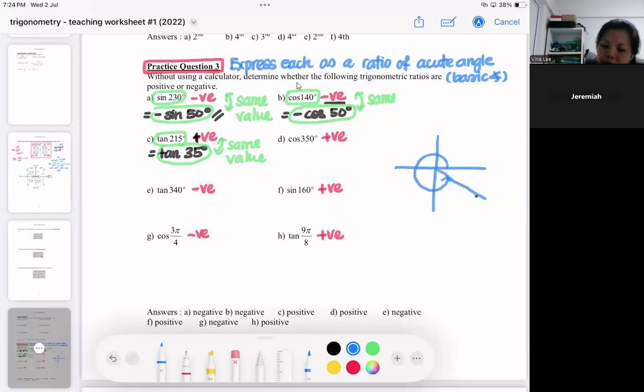It's a very fat angle, 350 degrees. So who do you think is the basic angle for 350?